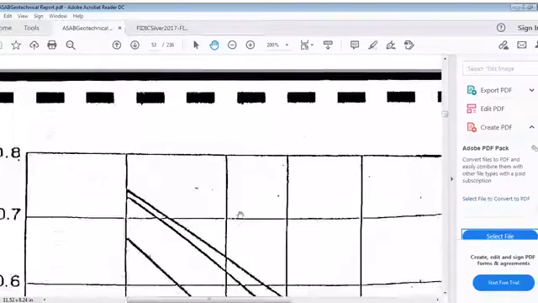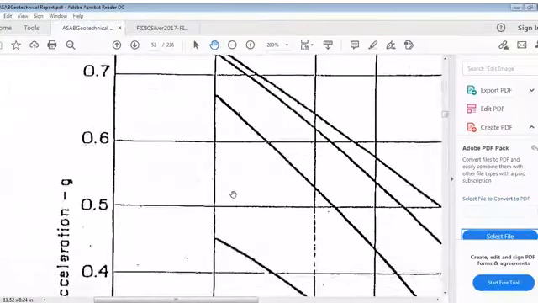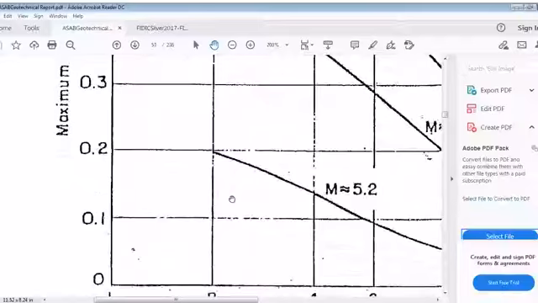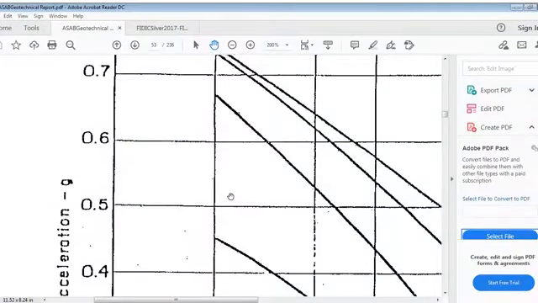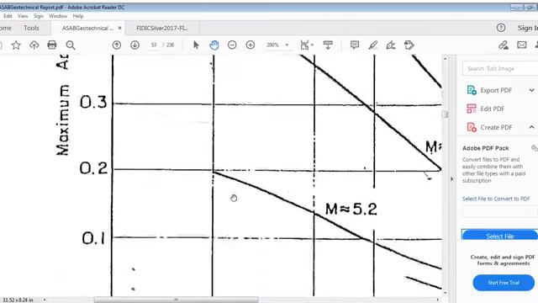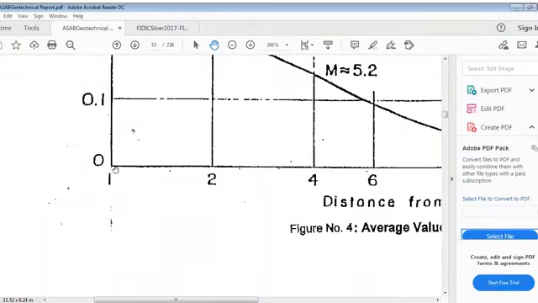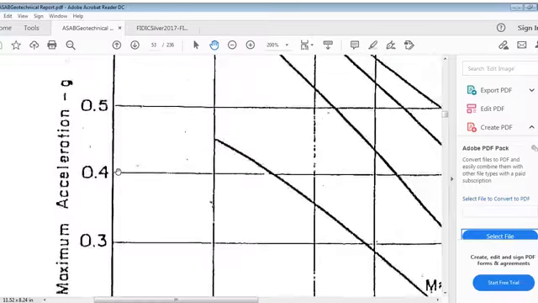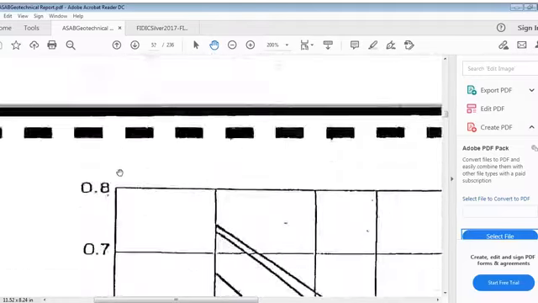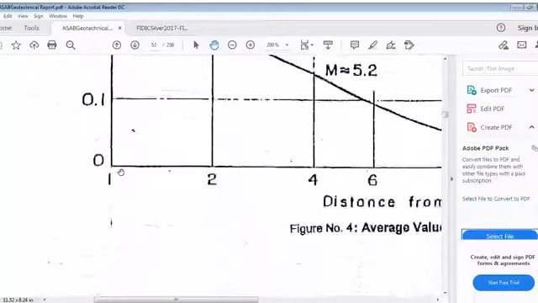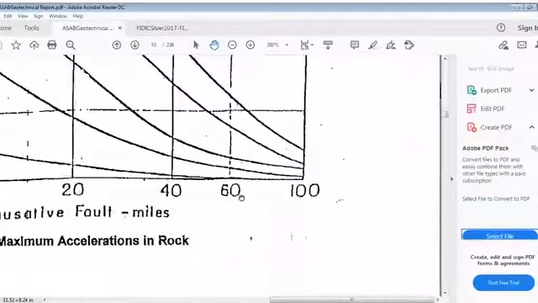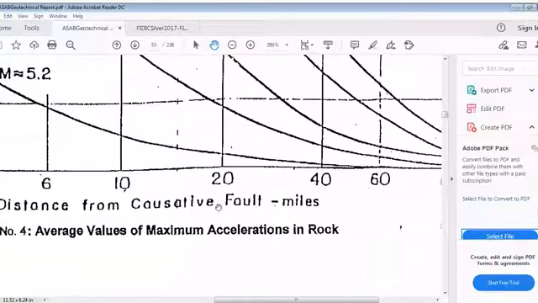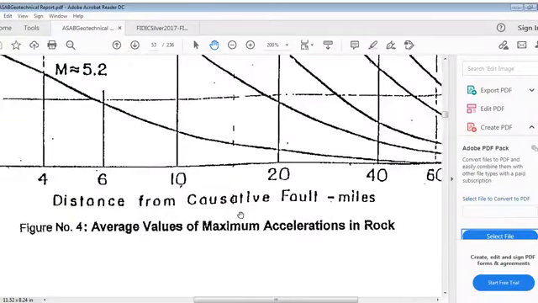If you see, the y-axis is maximum acceleration in g, taken from 0, 0.1, 0.2, 0.3, 0.4, 0.5, 0.6, 0.7, 0.8. And on the x-axis is 1, 2, 4, 6, 10, 20, 40, 60, 100, which is a kind of log scale. Average values of maximum acceleration in rock.